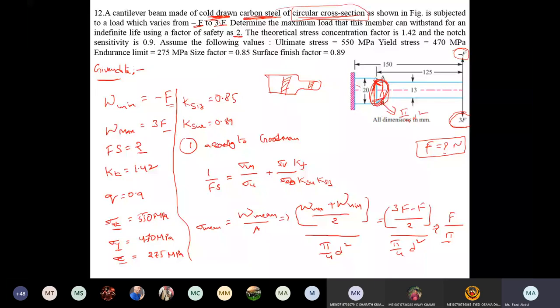So what is the D value here? Anybody? 13. How did you get 13? We have to take the circular section, sir, from where the failure is occurring. Exactly, this 13 value we need to take.